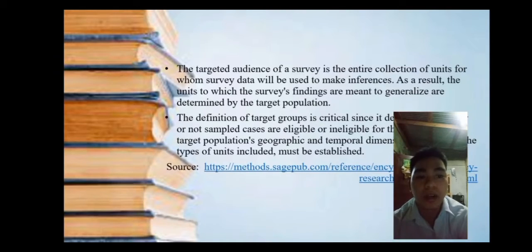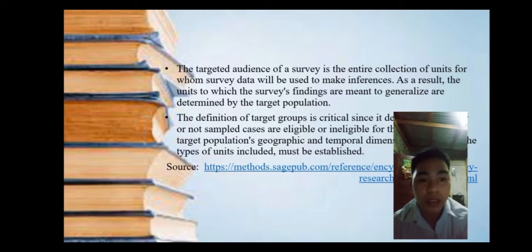The target audience of a survey is the entire collection of units for whom survey data will be used to make inferences. As a result, the units to which the survey's findings are meant to generalize are determined by the target population.